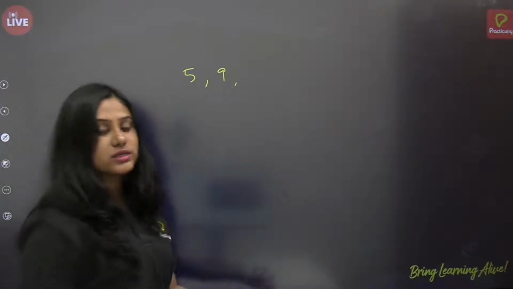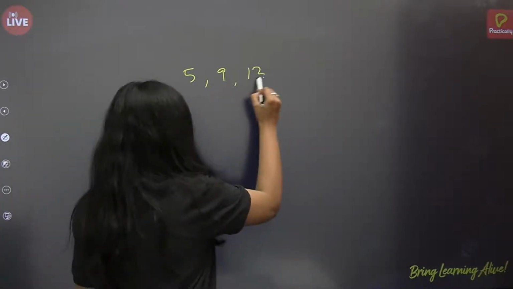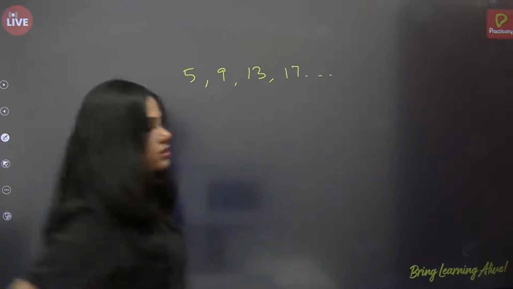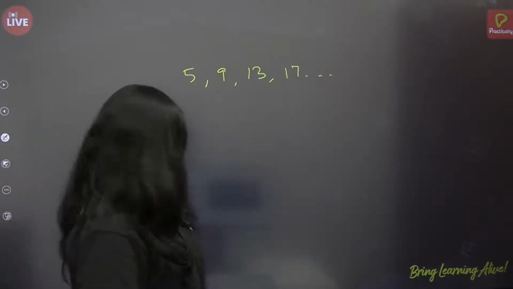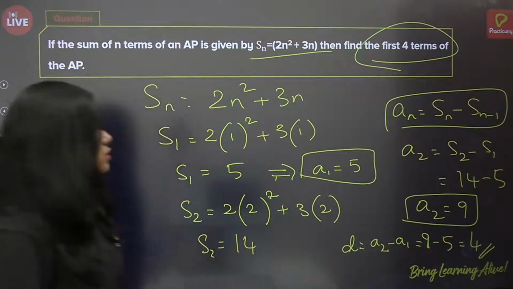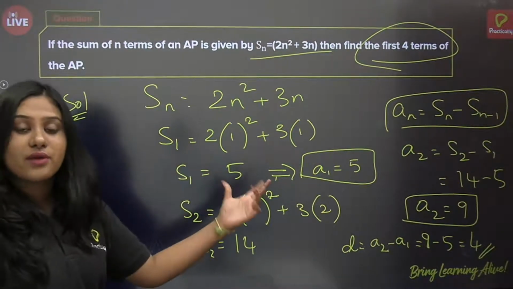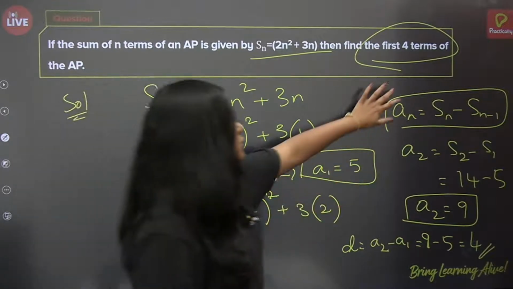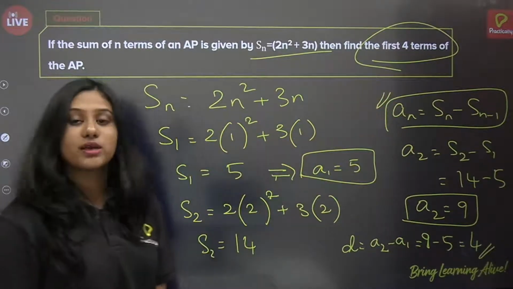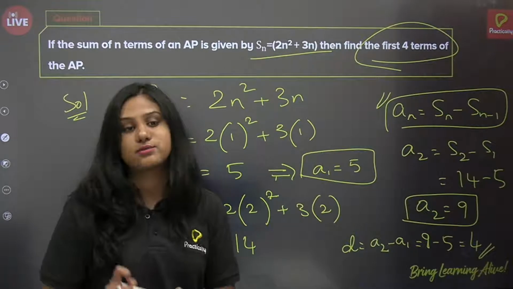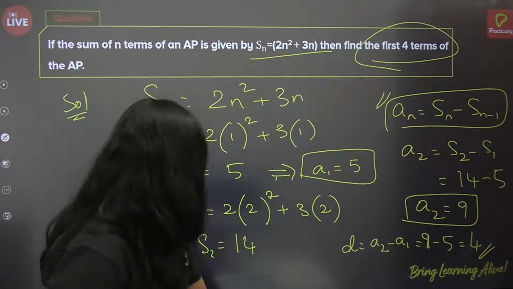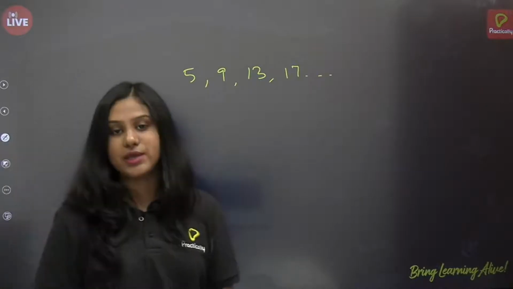What will be the next term? 13. Next is 17. So, these are the first 4 terms of the AP. This is the concept we have used in this question: An equals Sn minus Sn minus 1. And we have also used A2 minus A1 equals D.